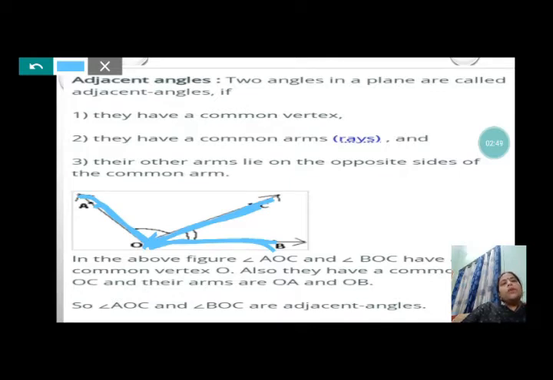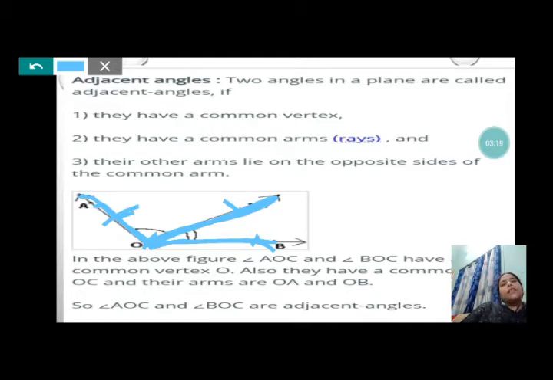Which is the common arm? This OC is common in both. This OC is for BOC also and for AOC also. So they have common arm OC. Angles AOC and BOC have a common arm, or common ray, over here, and that is OC. And their other arms lie on the opposite side of the common arm.